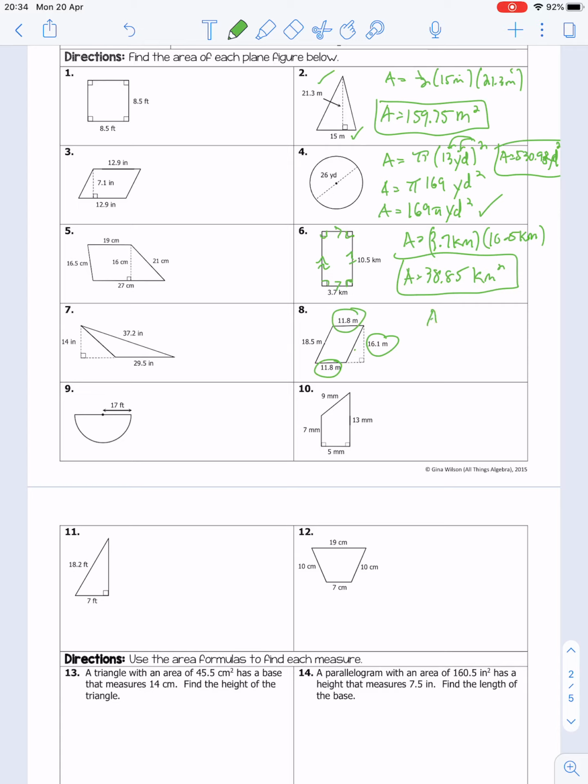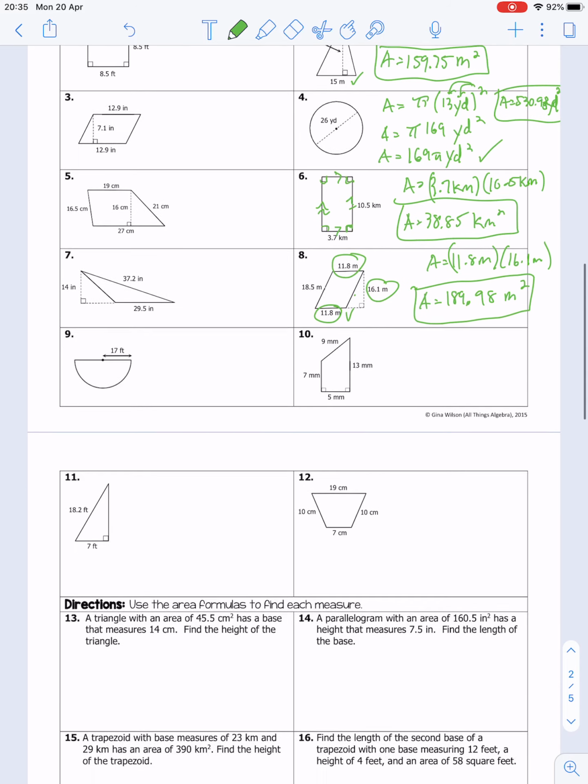So it's going to be area equals our base, whatever base we use, but since it's perpendicular to this base, we use this one, 11.8 meters times 16.1 meters. Meters times meters is meters squared. 11.8 times 16.1 is 189.98. There we go.